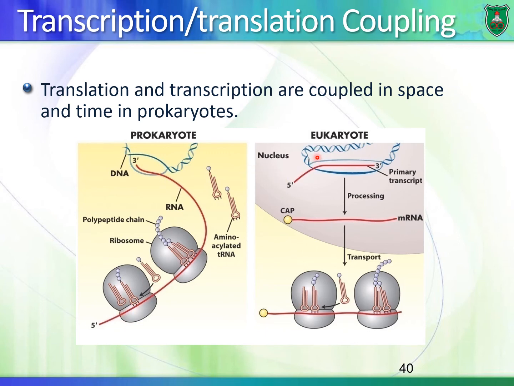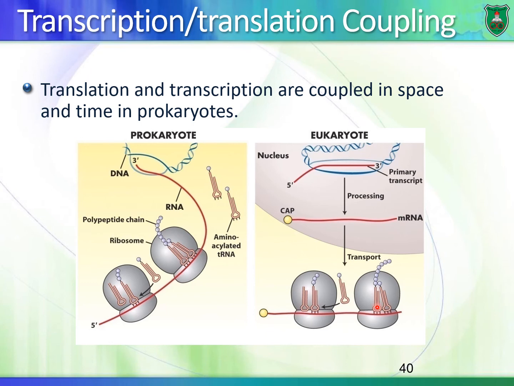But this is not true for eukaryotic cells. Rather, what happens is that they are separate in space and time. So you have synthesis of the messenger RNA 5' to 3', and then you have translation happening from 5' to 3'. Okay? So why is it that they are not coupled in space and time in eukaryotic cells?